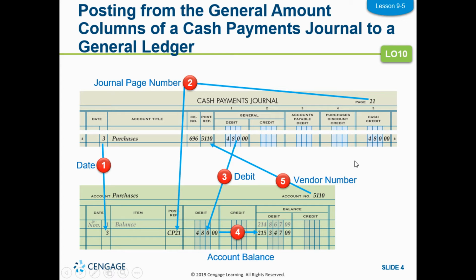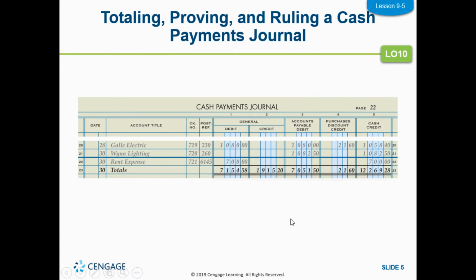Okay, general debit. So now we've assumed we've posted all of the general debit and credit entries, and we have posted anything in accounts payable debit. All right.